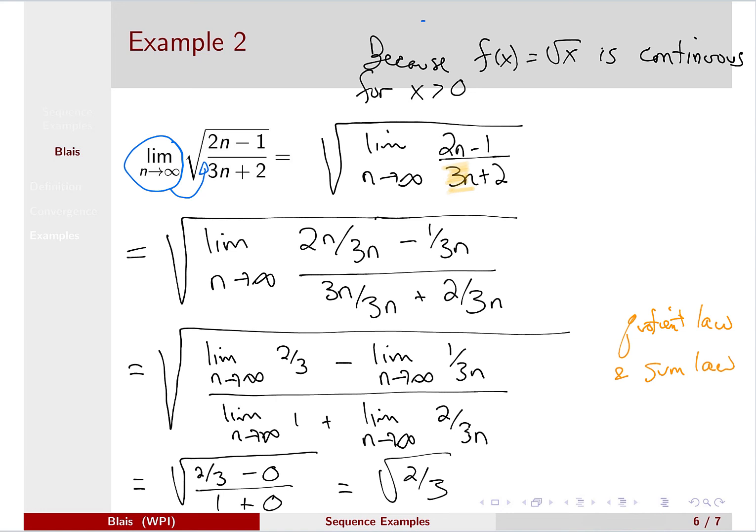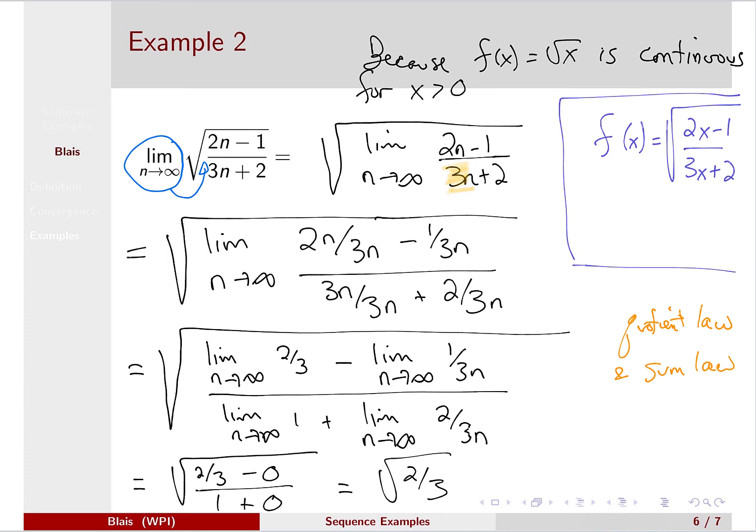And it's important to recognize that this is a question that you could have done with everything that you already knew from your limit studies and your previous calculus experience, because you could have just rewritten n to be x. Because again, this is a function, this is tethered to the function per our previous theorem. f of x is the square root of (2x minus 1) over (3x plus 2).